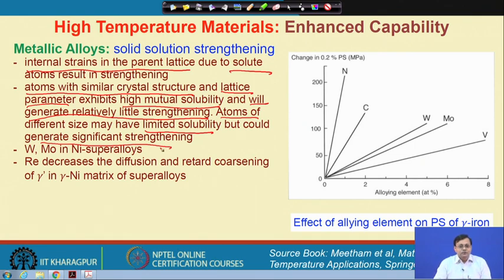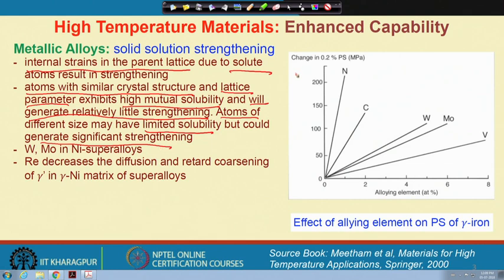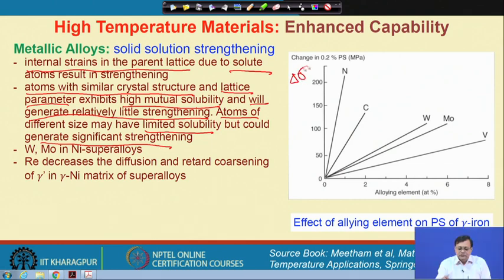So, one has to choose which solute atom we really incorporate, and up to what extent, I mean concentration, to generate how much increment in the strength. Let us say here I talk about the change of the strength. This is not the absolute value of the proof stress or yield strength in gamma iron. However, we are talking about the delta sigma.